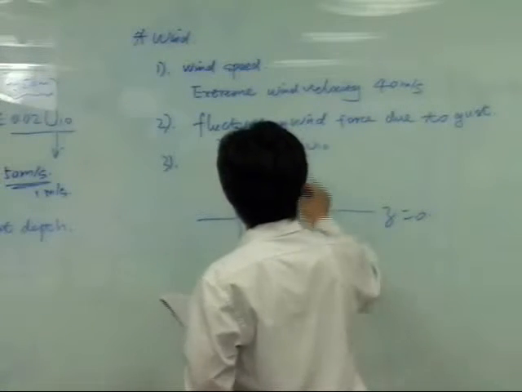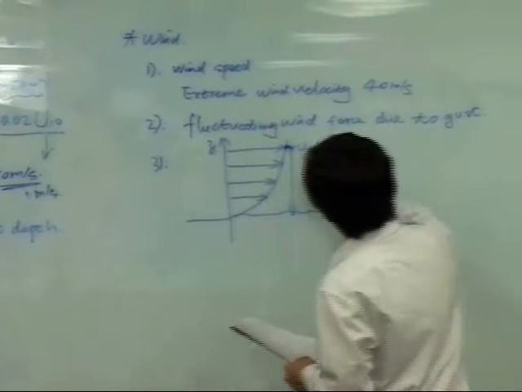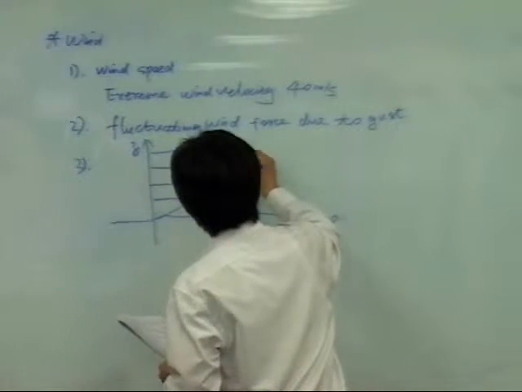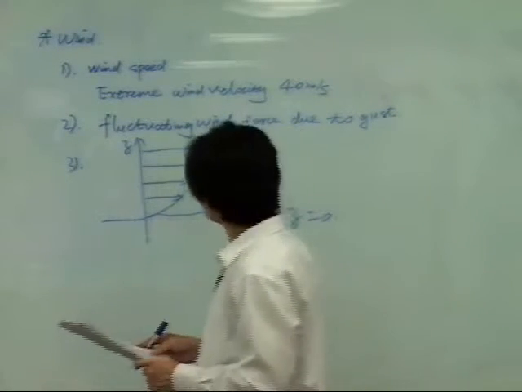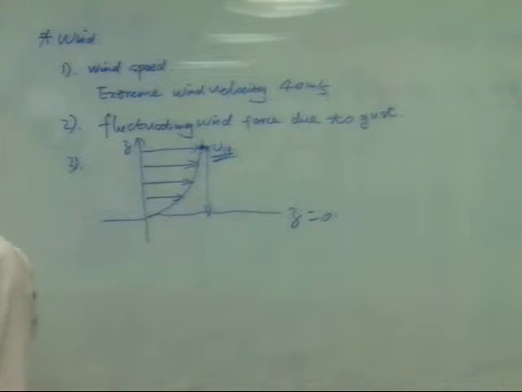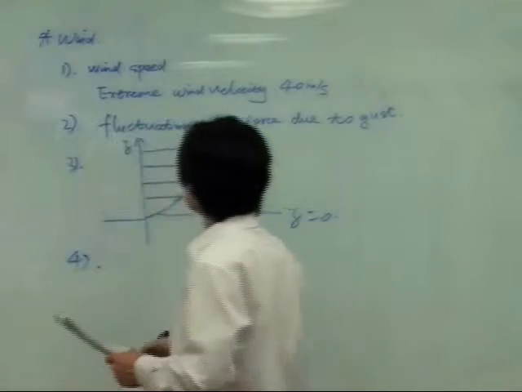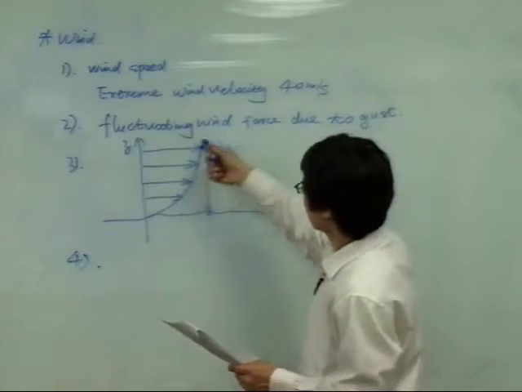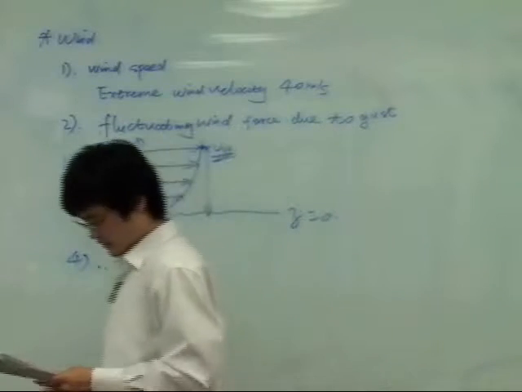Suppose this is 10 meters, then the wind speed you measured is U10. This is a very common term in oceanography. We have to know the wind profile as a function of height above the sea level in actual design.